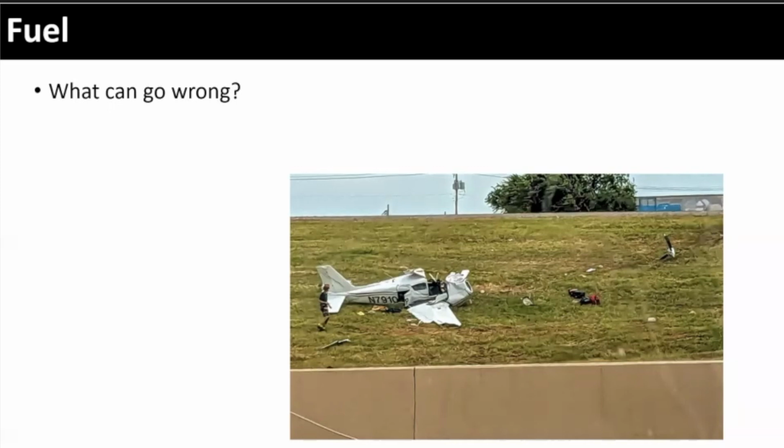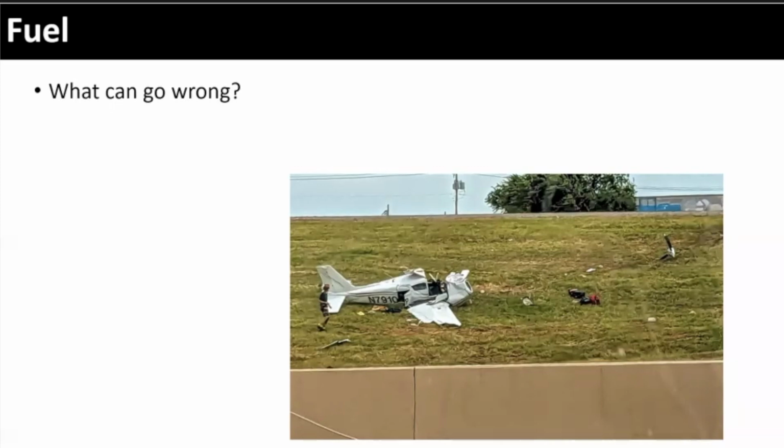If you're flying in, you land somewhere to refuel, do you then check the fuel again? Absolutely. Every time you refuel. I think the FAA's recommendation is every time you refuel and before the first flight of every day. Theoretically, if there's condensation, it's going to happen overnight.